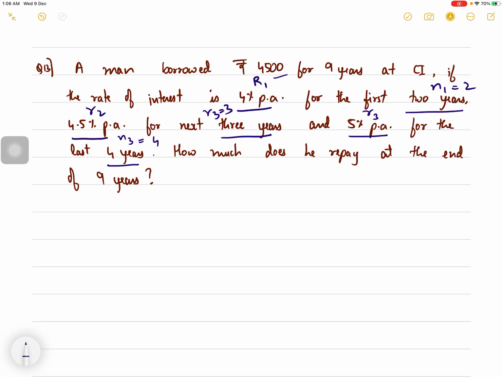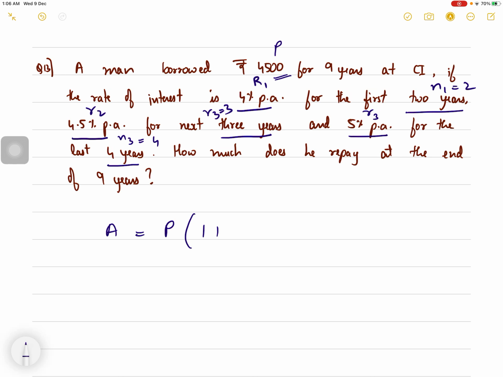So a man borrowed 4,500; this is your principal. You are supposed to find how much he repays at the end of 9 years. That means you are supposed to find the amount, principal plus interest, he has to repay.